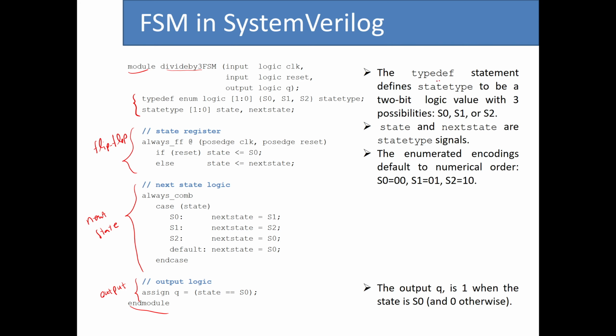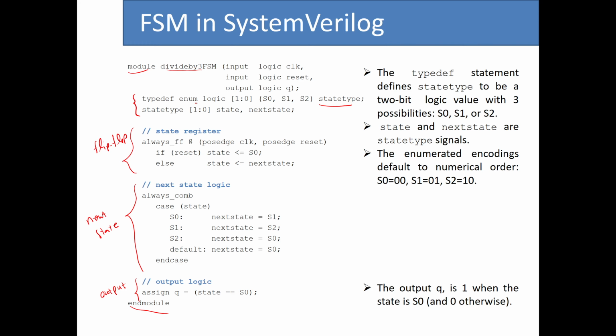The typedef statement defines this state type as a 2-bit logic value with 3 possibilities, S0, S1, or S2. Let's go through the different parts of this statement. We have typedef, which is a keyword that tells SystemVerilog that we are defining a new type of variable.